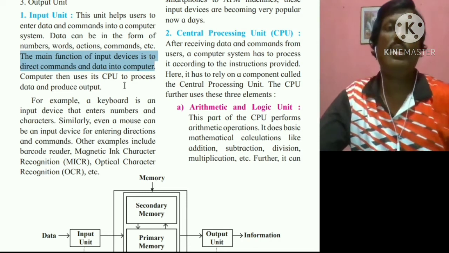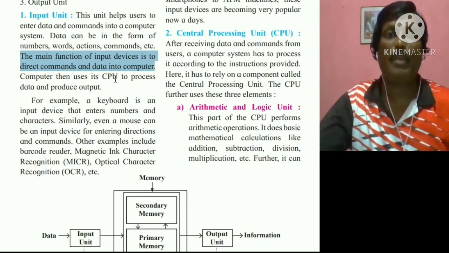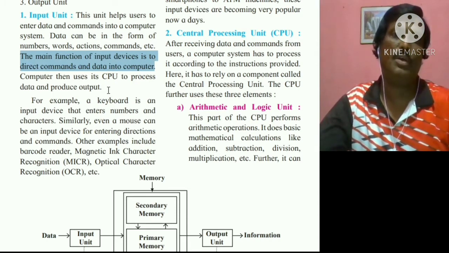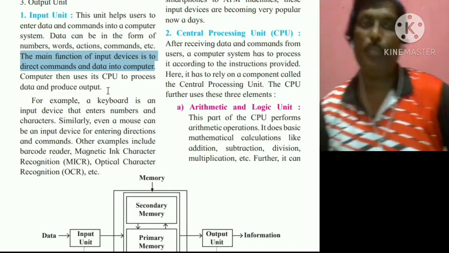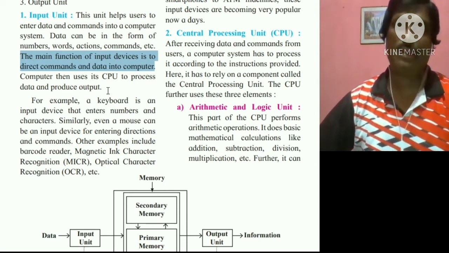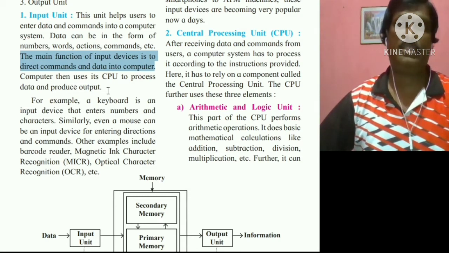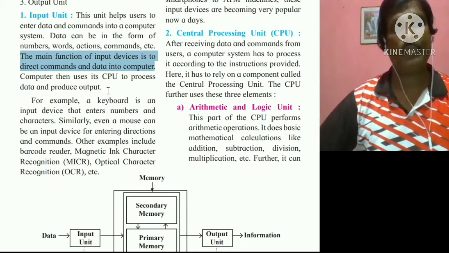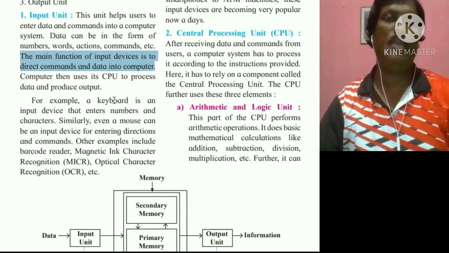Then computer then uses its CPU to process data and produce output. As soon as we are entering the data to a computer, then computer has to process on that data, and after completion of process it has to produce the output. Okay.